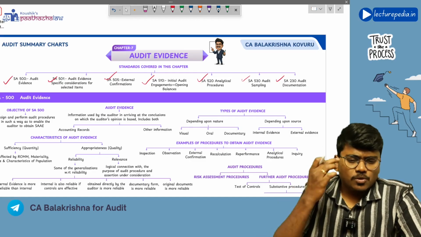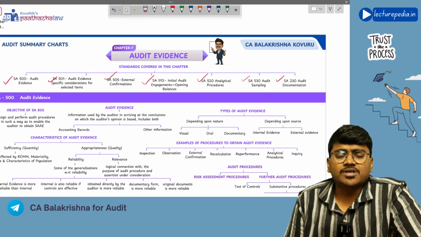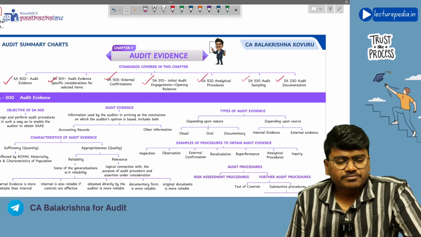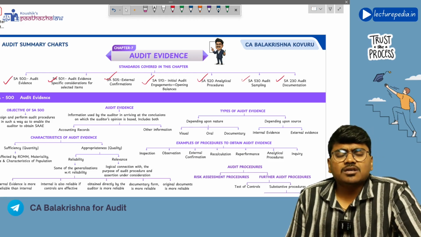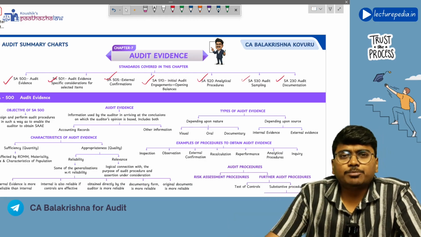Without wasting any further time, let us start with the revision of SA 500, which is audit evidence. Now, how will you obtain audit evidence? Of course, by performing audit procedures.